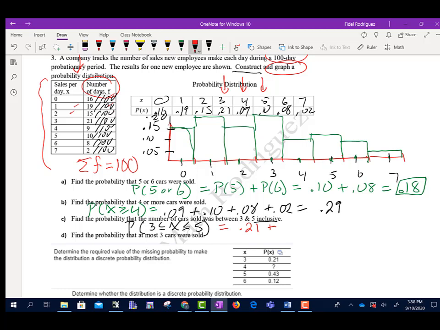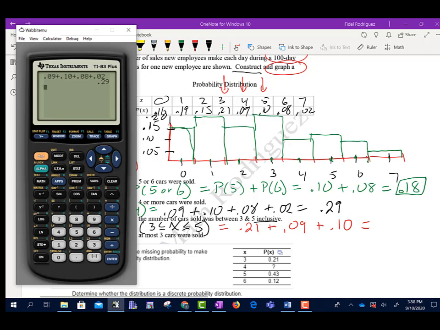For 4, it's 0.09. And for 5, it's 0.10. And again, we're going to take those numbers and add them up. So 0.21 plus 0.09 plus 0.10 equals 0.4. Okay.